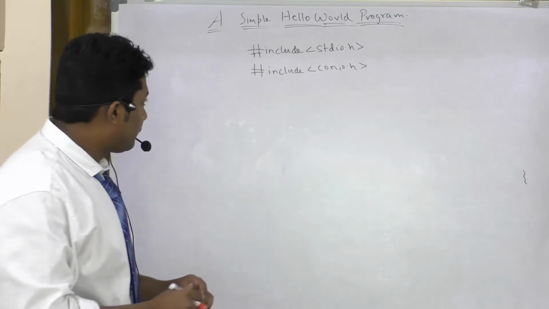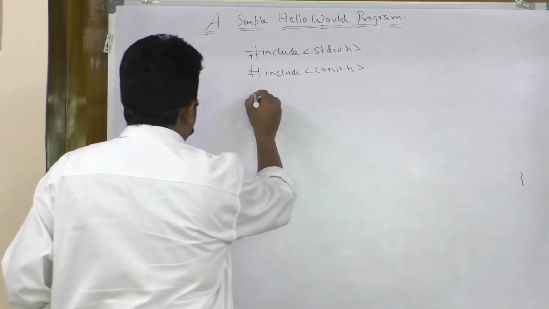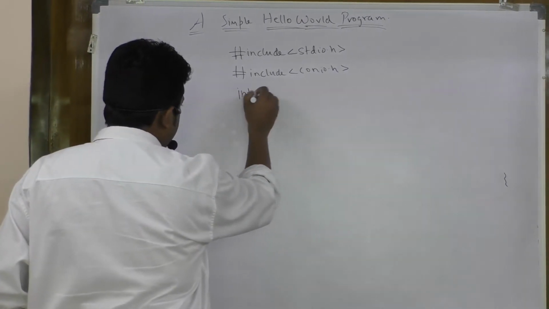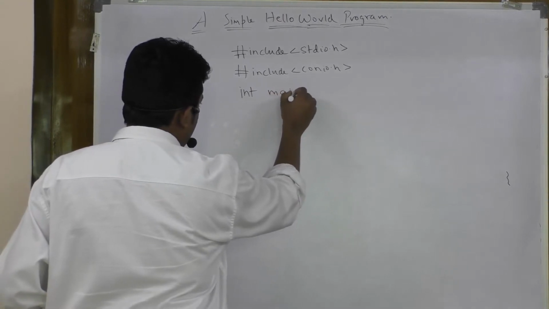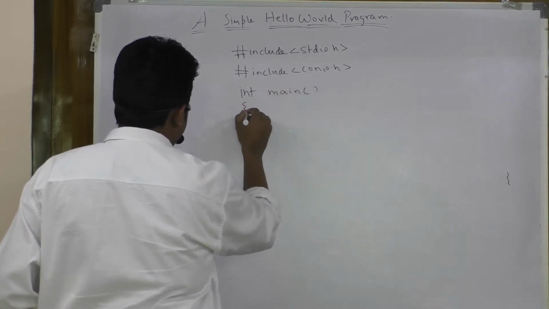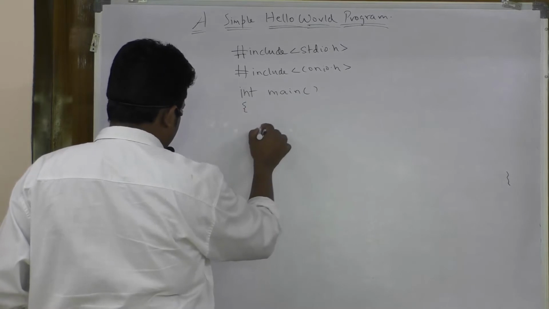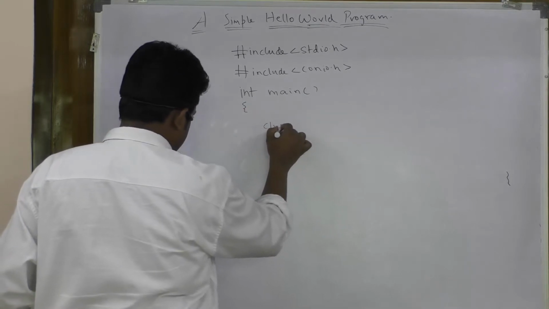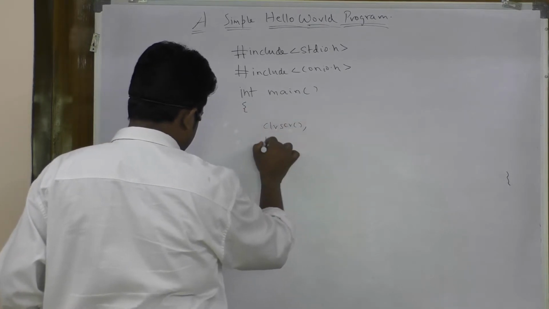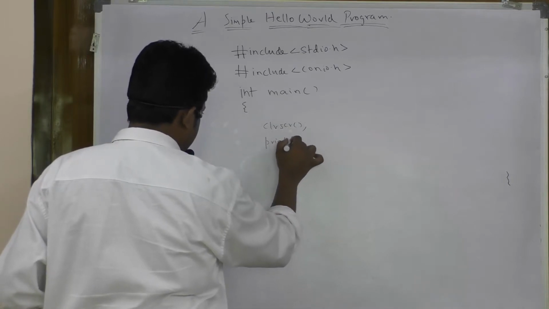The next statement would be int main. I'll explain each and every thing, and why we have to take all these. Then clrscr, which is used for the purpose of clearing the screen.